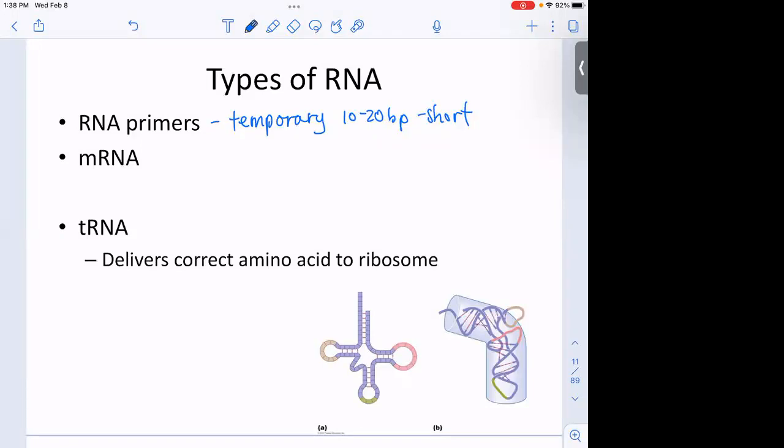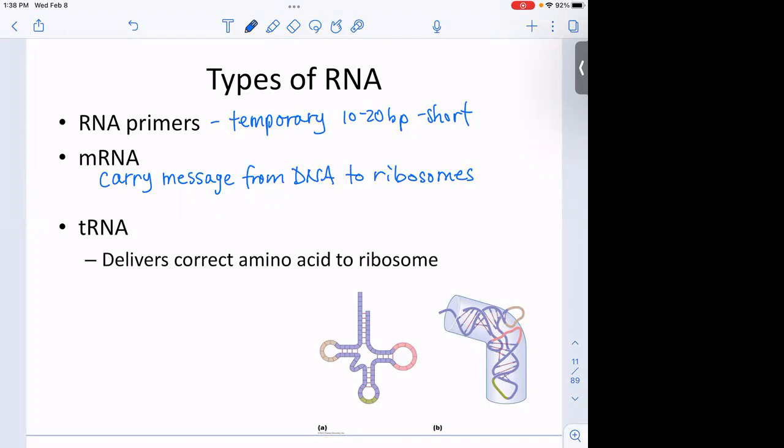Messenger RNA is the most famous kind of RNA, the kind that we think about when following the flow of information. Its job is to carry the message from DNA to the ribosomes so that the correct sequence of amino acids is put together at the ribosomes.